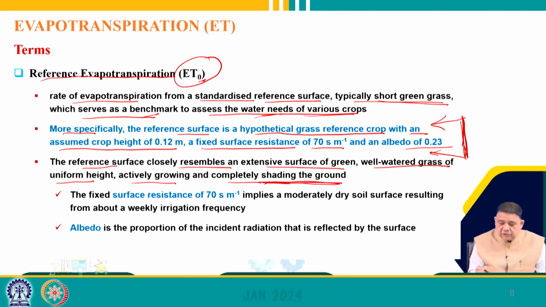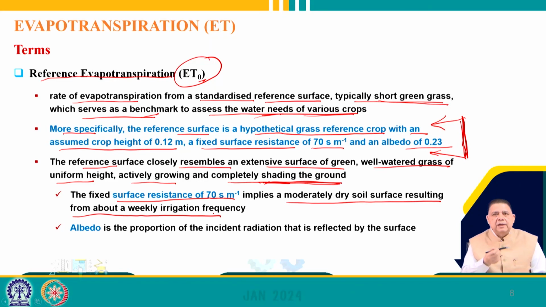And the two other values referred to here are a fixed surface resistance of 70 seconds per meter, which implies a moderately dry soil surface resulting from about a weekly irrigation frequency. So, if in a particular field you follow a weekly irrigation schedule, then at the end of the schedule, this is the typical surface resistance that will be available.